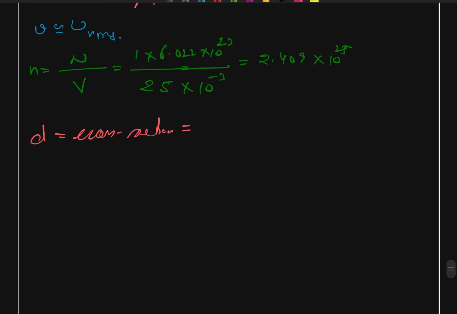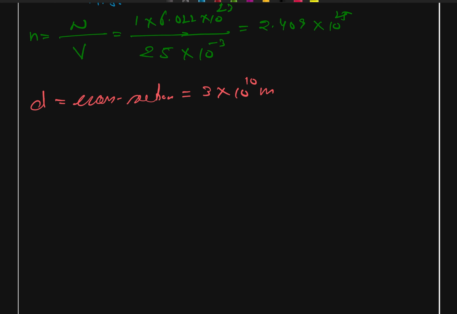So this comes as 3 into 10 to the power 10 meter, and from here we can find out our sigma is equal to pi multiplied by 3 into 10 to the power 10 whole square. So approximately this will be equal to 2.827 into 10 to the power minus 19 meter square.